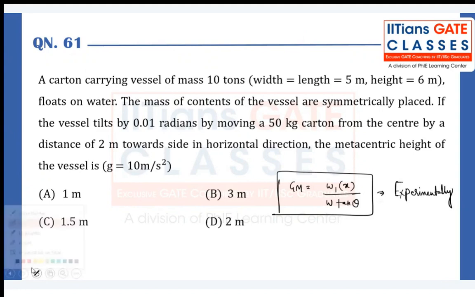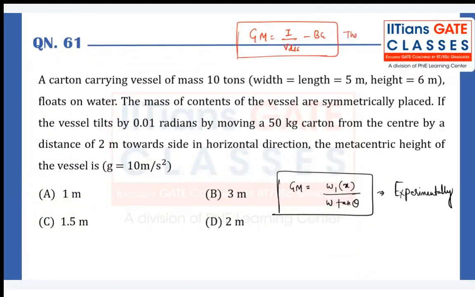Theoretically, it is I by volume displaced minus BG. This is the formula we know theoretically, but no such data is provided to calculate GM in the theoretical manner, like I by volume displaced minus BG. They have not given anything regarding the moment of inertia, I minimum.